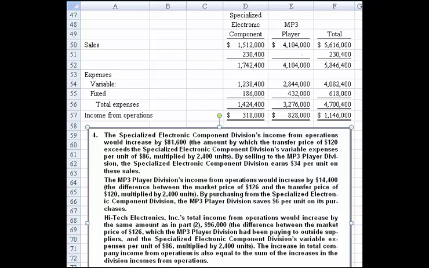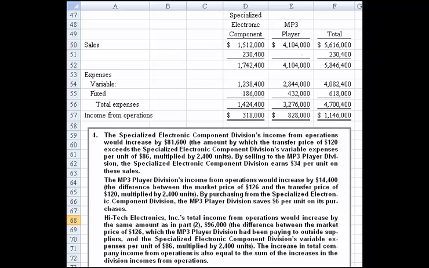It's very similar to how we tackled parts 1 and 2 earlier. The Specialized Electronics Component Division income from operations would increase by $81,600, and we would calculate that by taking the new transfer price of $120 and then subtracting from it the $86 variable expenses multiplied by the 2,400 units. So that's the same way we worked it before.